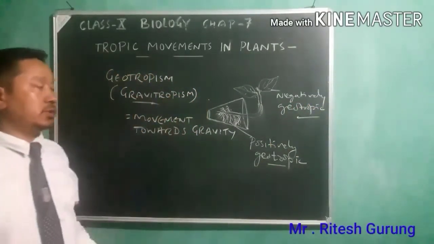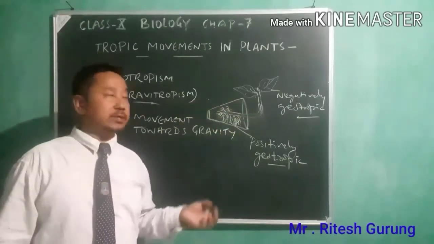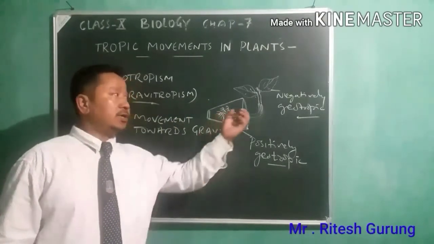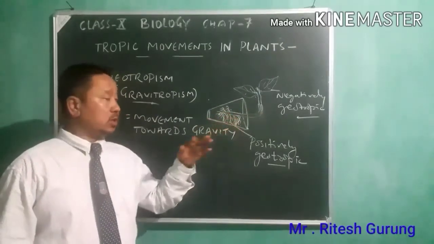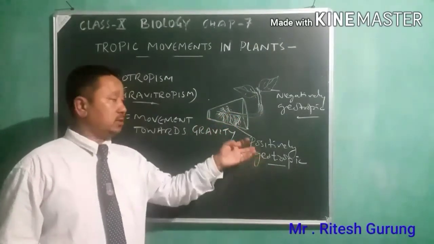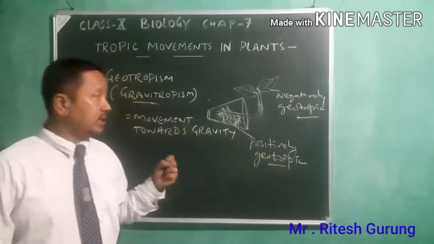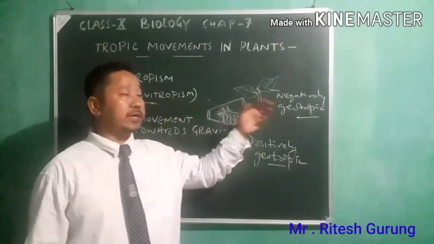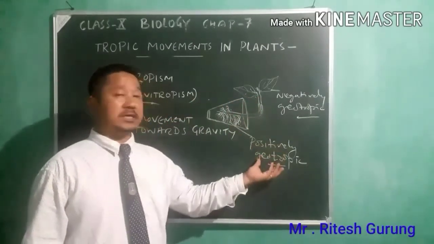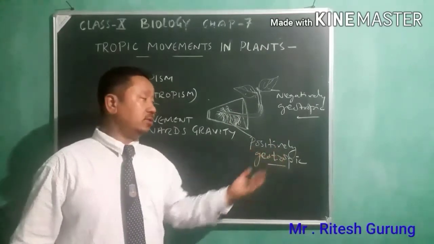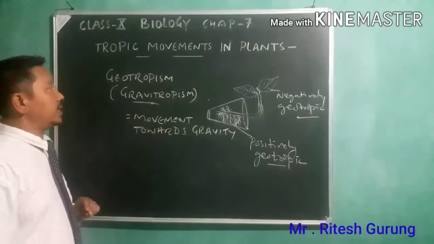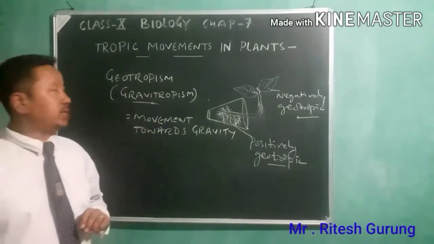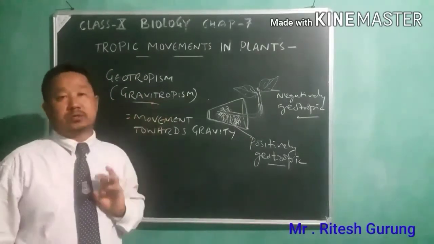So here also we see two different regions showing two different responses or movements. The roots are moving towards the earth, towards gravity, whereas the shoot is going against it, away from gravity or the soil. So this kind of movement is called geotropism or gravitropism.